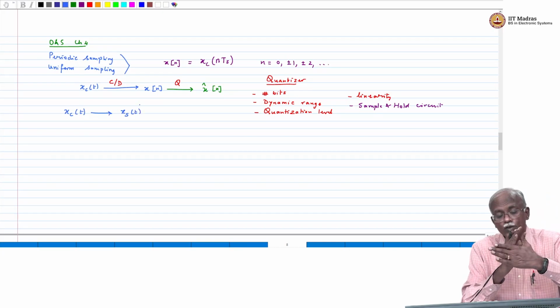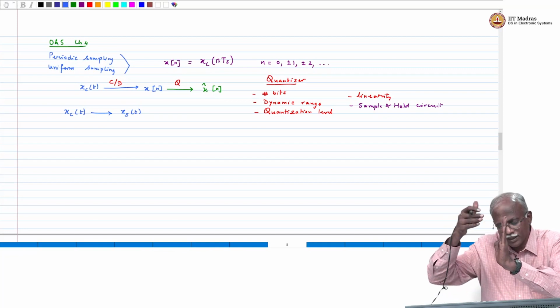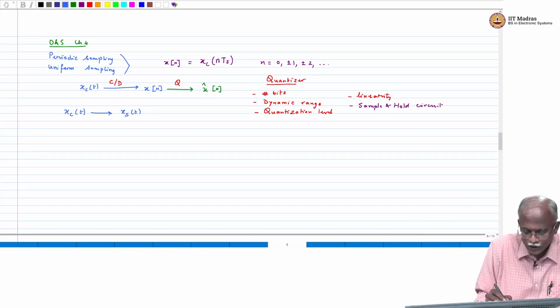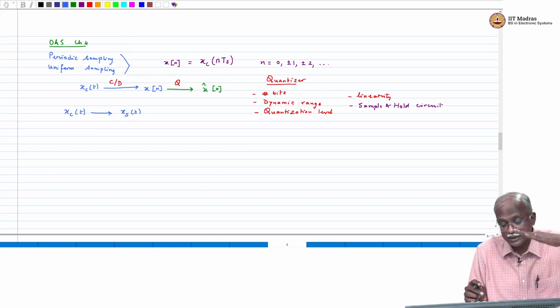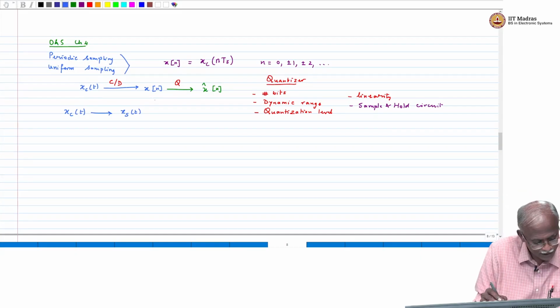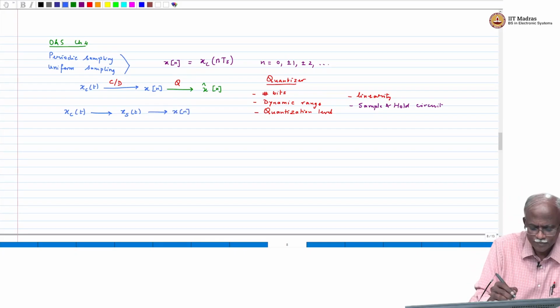So we take xc of t and then multiply it by a sequence of Dirac deltas. So xs of t is a continuous time signal which consists of scaled Dirac deltas. This intermediate signal is very important for us to be able to eventually get to the continuous time signal. So we will focus on this.